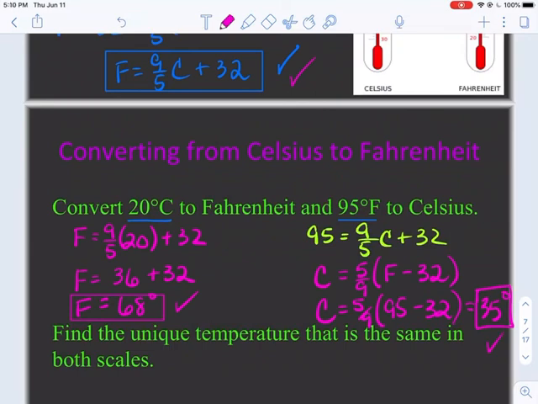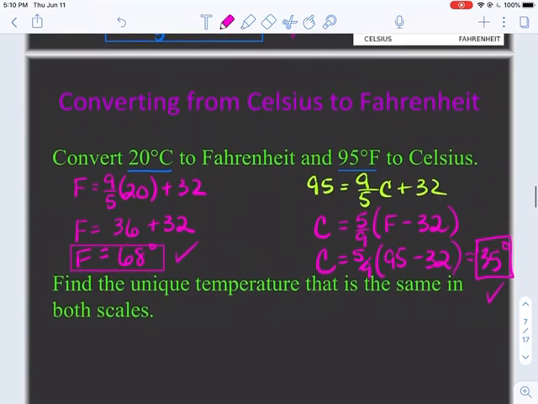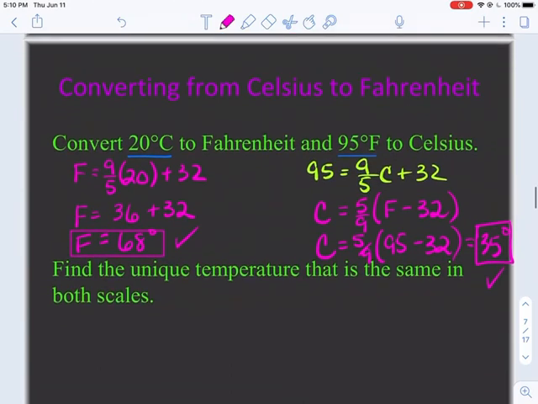Now the last one of these is where, if we want to know where F is equal to C, I'll put the work down for this, but I think you can get where this is. If I want to know the unique temperature that is the same in both scales, then we would take F is equal to 9/5 C plus 32. And if these two are equal, remember, two things that are equal to each other, one can be substituted for the other.